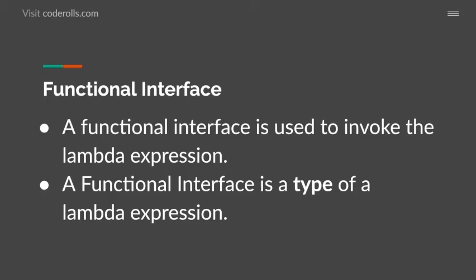So we can say a functional interface is used to invoke the lambda expression. A functional interface is a type of lambda expression. If you do not understand the second statement, do not worry about it. We will write it down in coming videos and you will understand it. Just remember one thing, that functional interfaces are used to invoke the lambda expression.